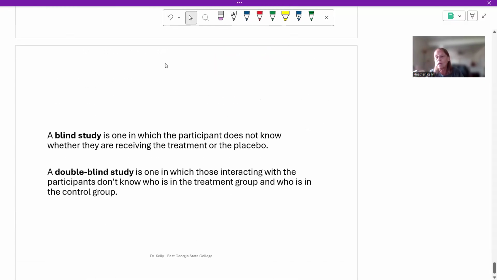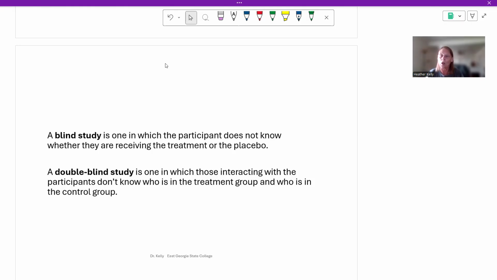And then finally, at least the minimum in most medical studies, it's a blind study, where the participant doesn't know if they're actually getting the real drug or the placebo. And then in the more rigorous studies that stomp out the most bias they can, there would be a double blind study.